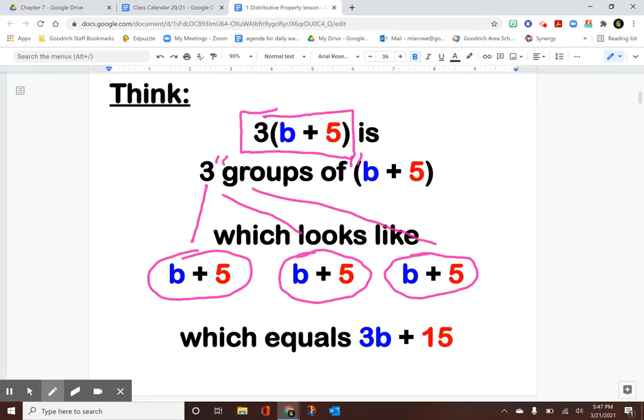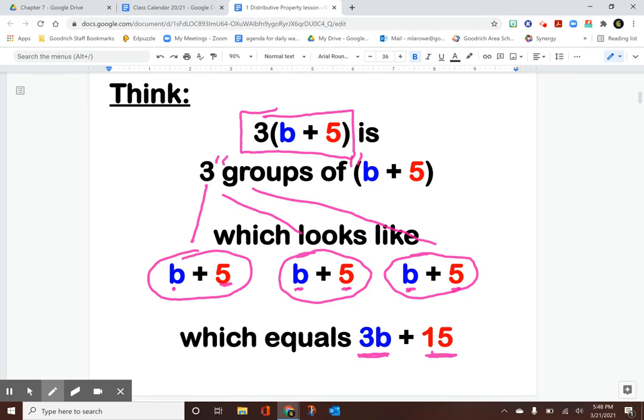So if I wanted to put all of my b's together, because that's a way of simplifying, there ends up being 3 of them, one b, another b, and a third b. If I wanted to put my constants together, 5, 10, 15 total.